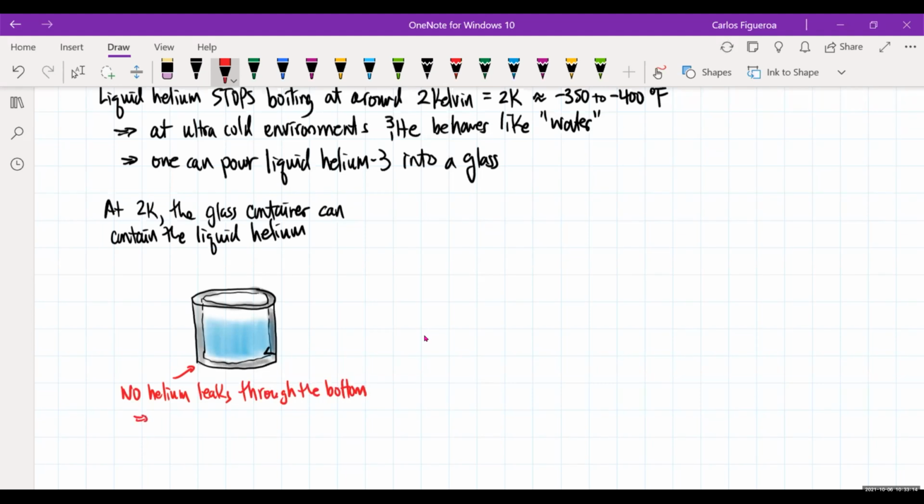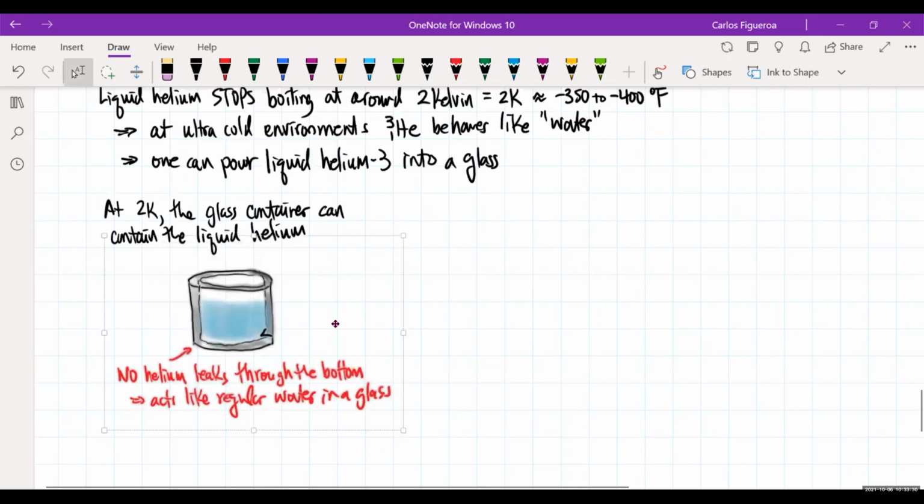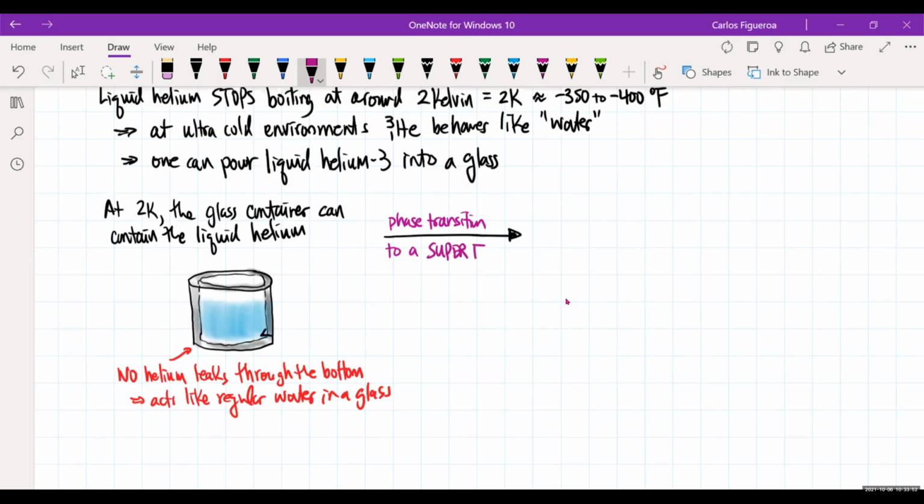In other words, it acts like regular water in a glass. But then something strange happens. There is a phase transition to a superfluid.